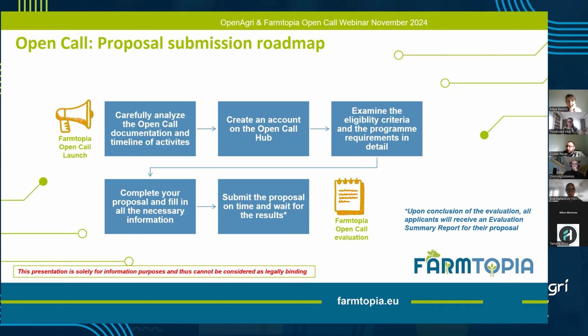Of course, in order to apply for the Open Call, you need to register at the Open Call Hub platform and to examine the eligibility criteria to see whether what you're proposing is actually eligible for this open call. In order not to waste your time, you can invest a lot of time in something that is not in the scope of Farmtopia.